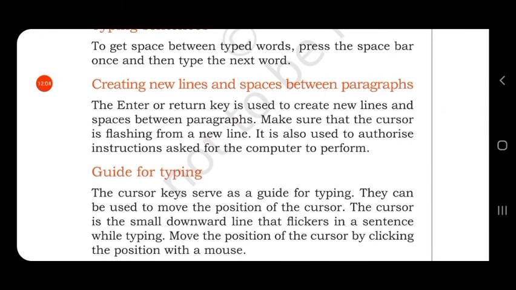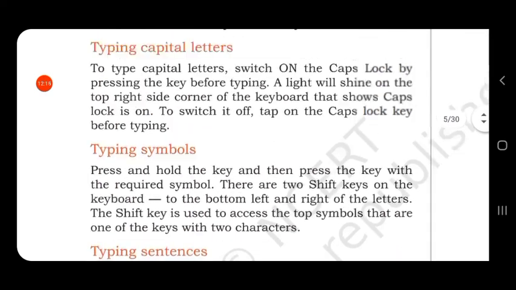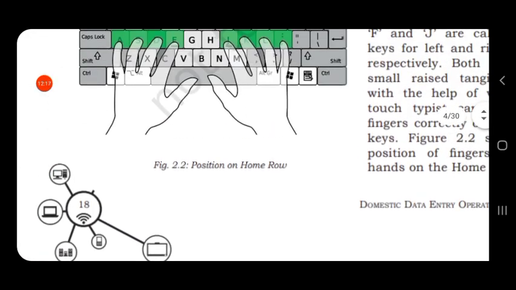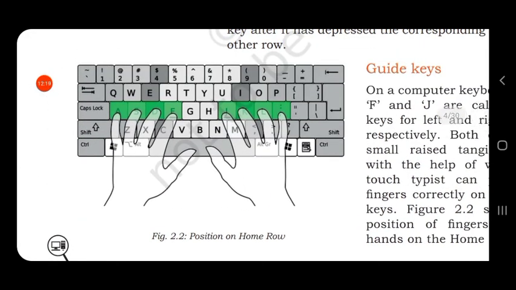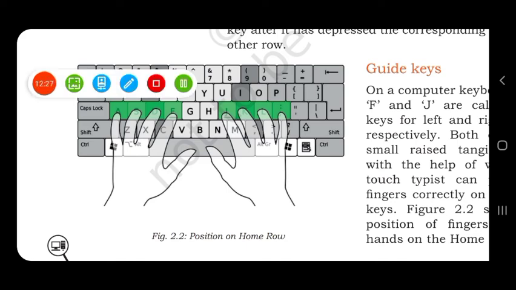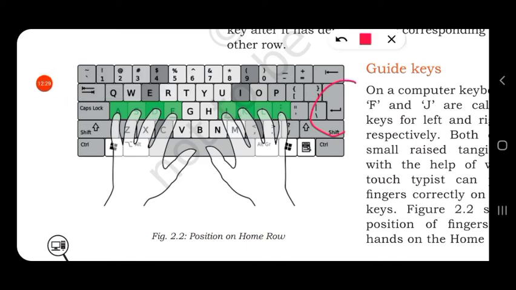Make sure that the cursor is flashing from a new line. It is also used to authorize instructions asked for the computer to perform. When we press the enter key, the cursor will flash, it will blink. So this is the enter key on the keyboard.